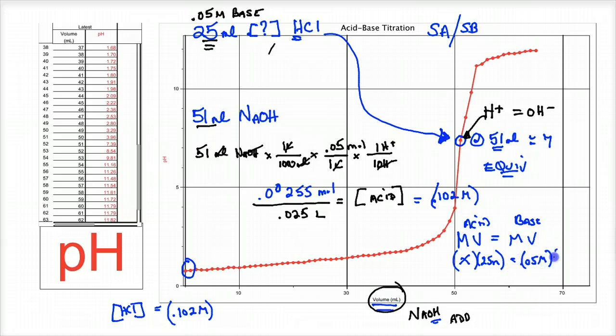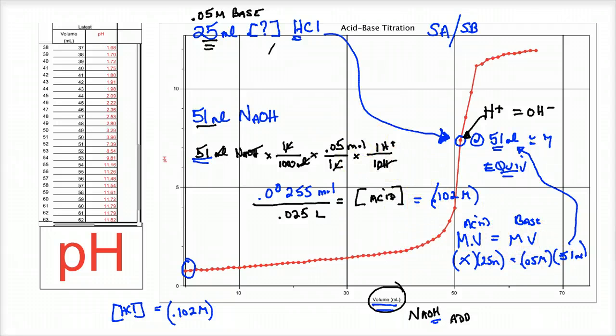last year. The volume that we added to get the equivalence, we added how much? We added 51. So you had to use that value here. I've used it over here to get total moles. Same thing, because molarity times volume is moles equals moles. That's the same thing that we're doing here.